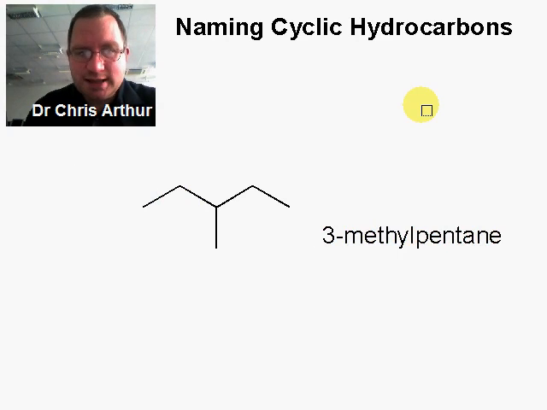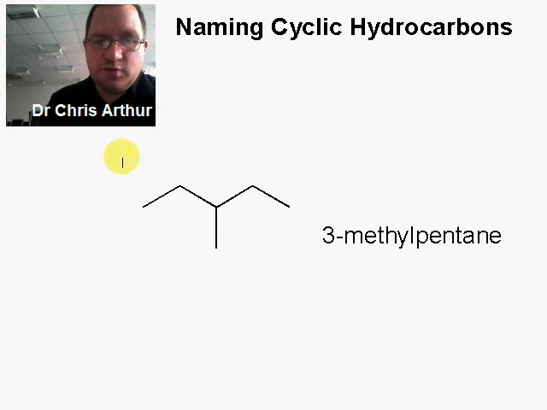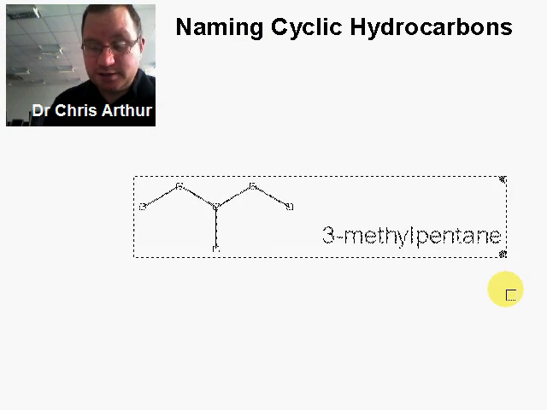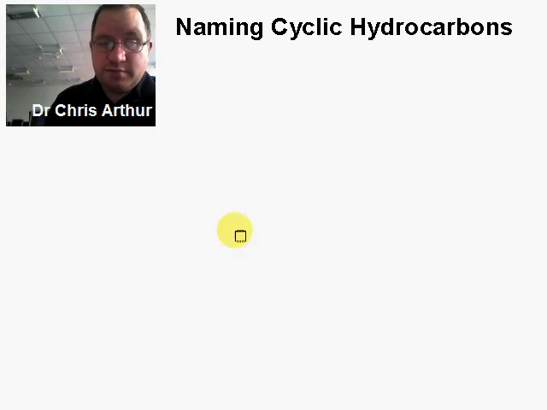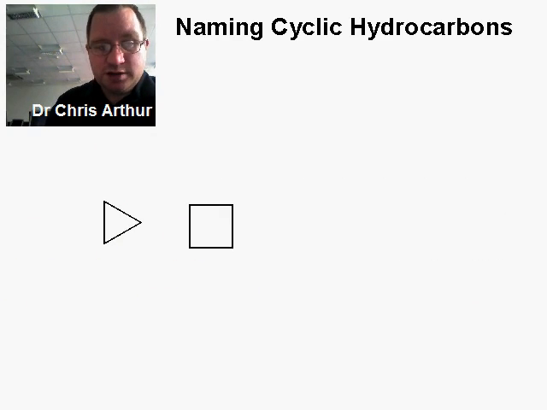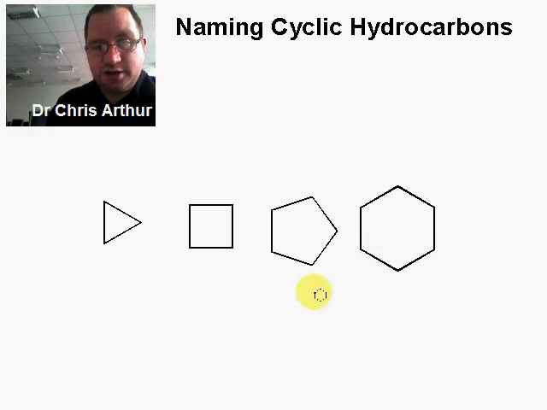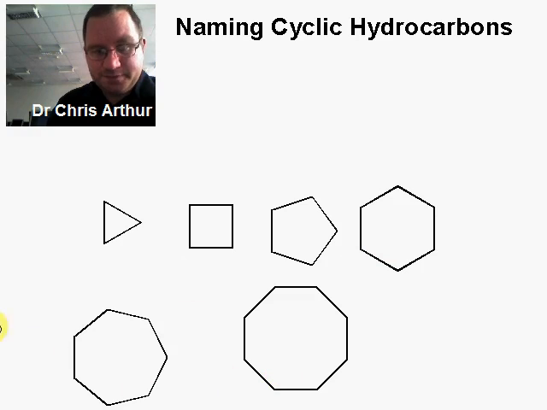We just extend this a little, just a tiny little bit, when we're dealing with cyclic hydrocarbons. And what I mean by cyclic hydrocarbons are ones in which the chain isn't just a straight chain, but the chain itself can curve back on itself to make rings.